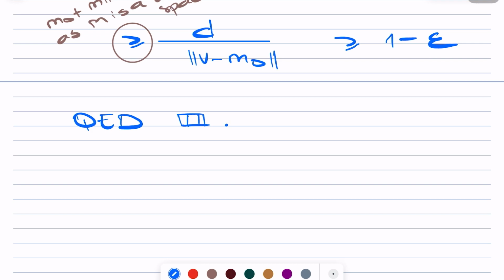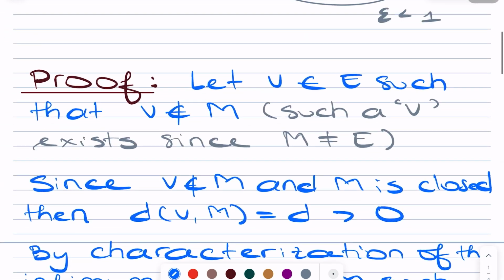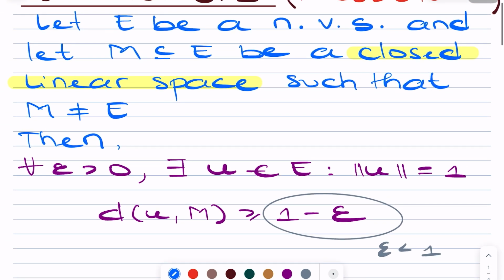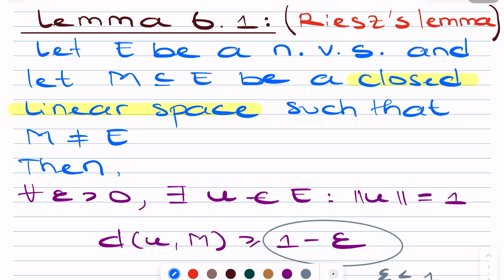Good. Okay, well, let me just comment a bit on this lemma once again. So the Riesz lemma basically says that within the normed vector space E, one can always find a vector that is almost as far away as possible from M, while still being restricted to the unit sphere. So this is basically what the theorem says.